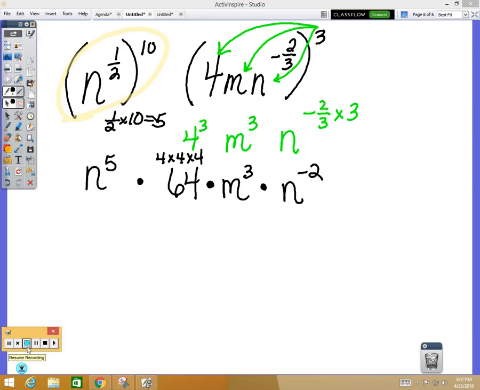Okay, now we're going to organize this. I have basically 4 things up here. This n to the 5th, the 64, m to the 3rd, n to the -2. Organize it. First thing, you don't list your letters before your numbers. So the 64 has to be listed first. So that's taken care of. We can mark it off our list. Okay? Next, alphabetical order, m comes before n. So m to the 3rd would be next. So that's done.